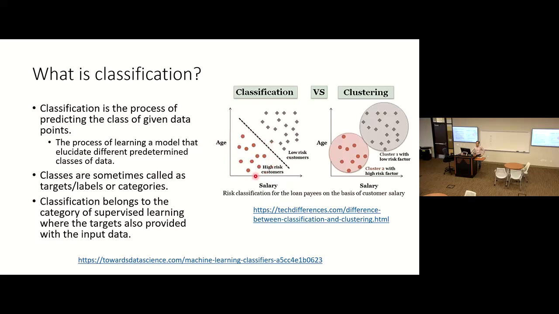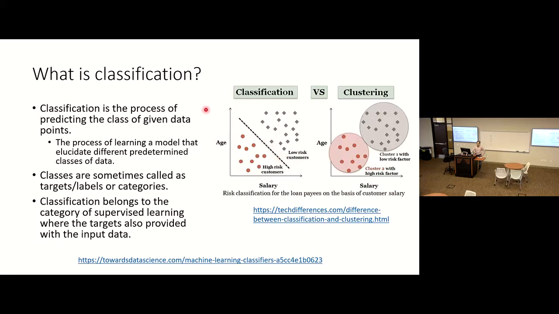In this case, you provide two classes of labeled data points. Okay, you have labeled data points first, and then you train the model to learn the separation, which is indicated by this dashed line.